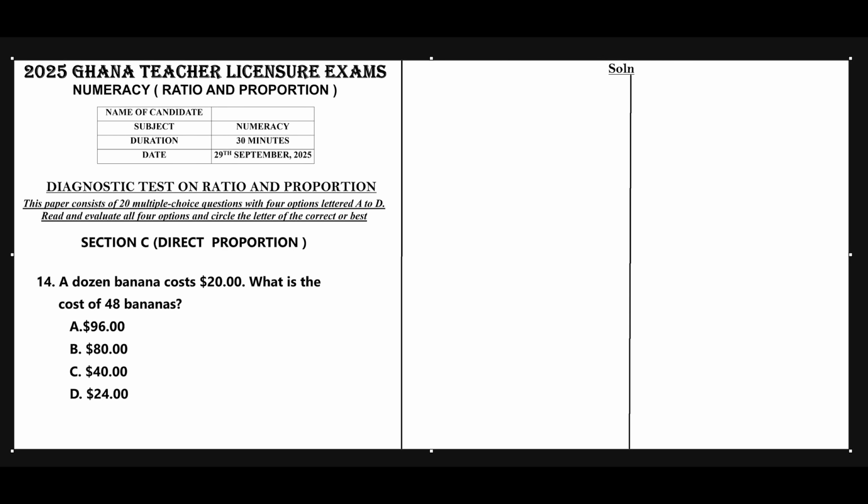So first of all, let's try to identify the main quantities given in the question. So we have bananas as against the cost of the banana. So in reality, how do these two quantities relate?